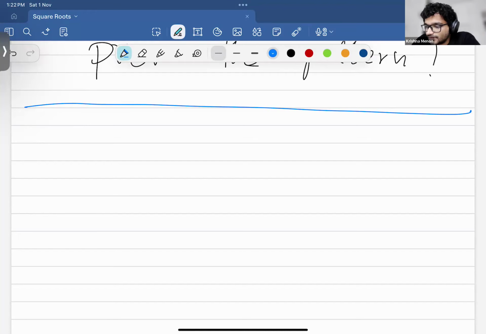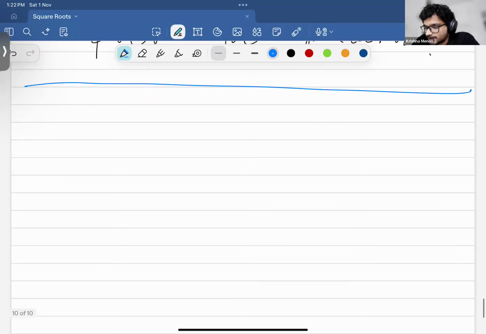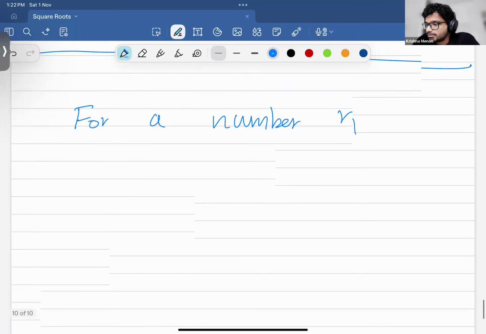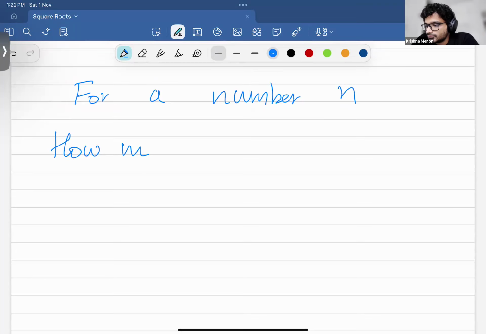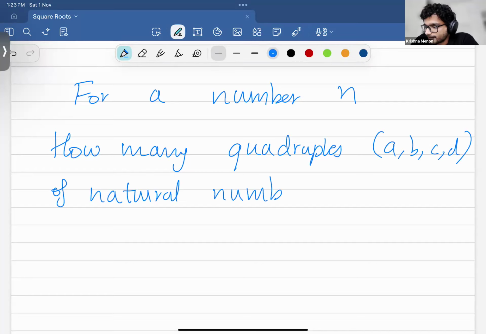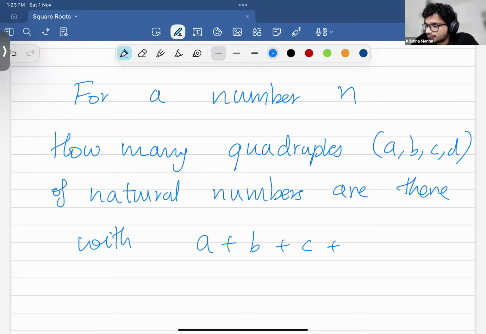So the next thing we have to think about is, so let's say, for a number n, how many quadruples, or you can just say 4 pair, whatever you want, A, B, C, D of natural numbers are there with A plus B plus C plus D equal to n.